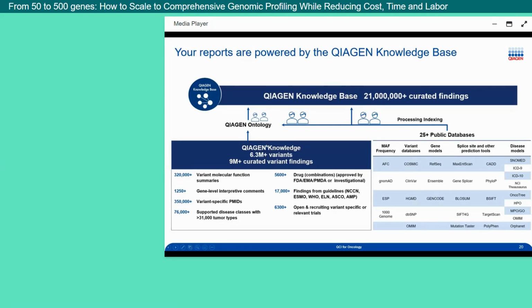All curation and transformation of unstructured data from the literature is performed according to the same ontology and data models, which ensures semantic consistency among all these combined resources. So the resources combined bring a wealth of usable, trustworthy information regarding the biological, clinical, and disease relevance of an alteration of interest. And for transparency, this information comes with appropriate citations within the application, as I showed you previously.